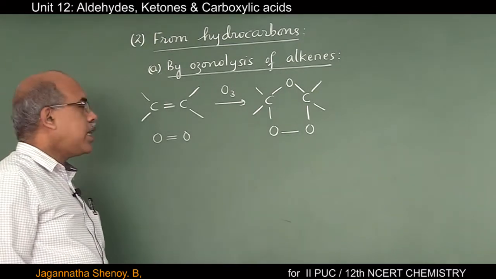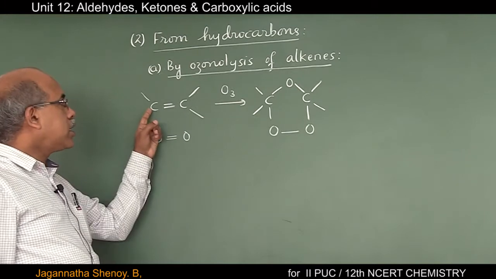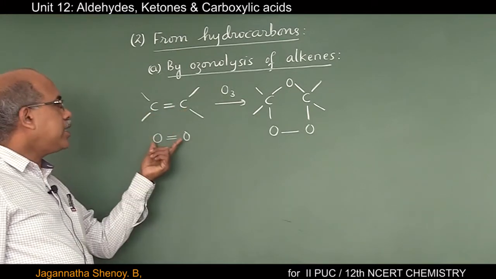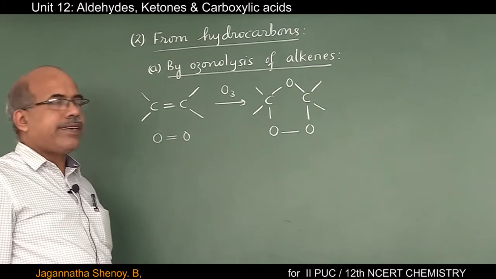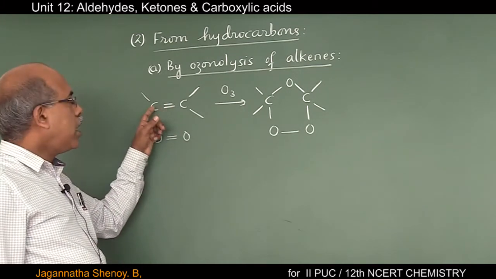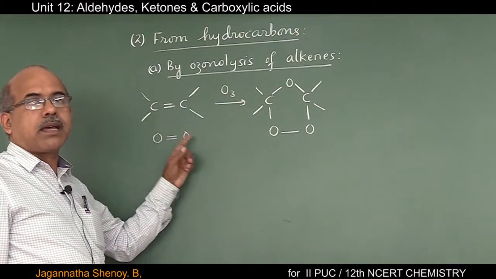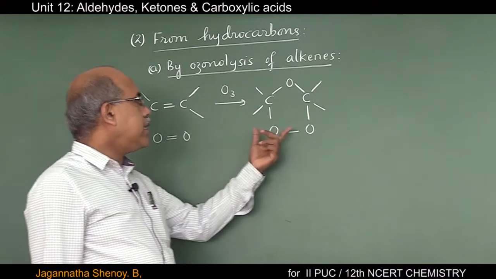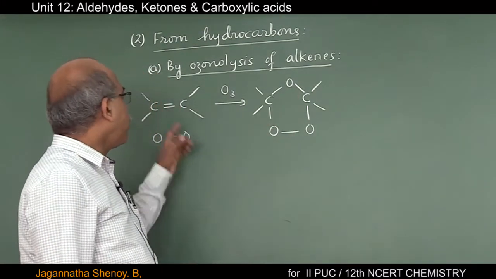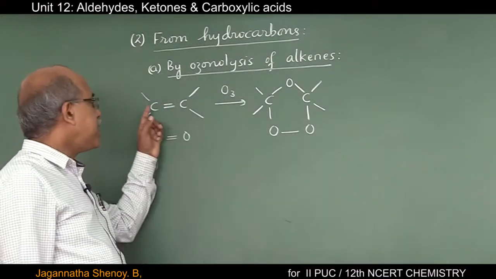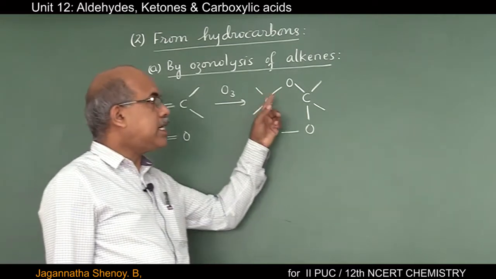So I repeat, I can consider this reaction as addition reaction across C double bond C. Initially we are adding a molecule of oxygen. During addition reactions, we know double bond becomes single bond, and here again double bond becomes single bond, and this O2 gets added across the C double bond C. So whatever one bond is present between the two carbon atoms, one oxygen atom gets inserted.